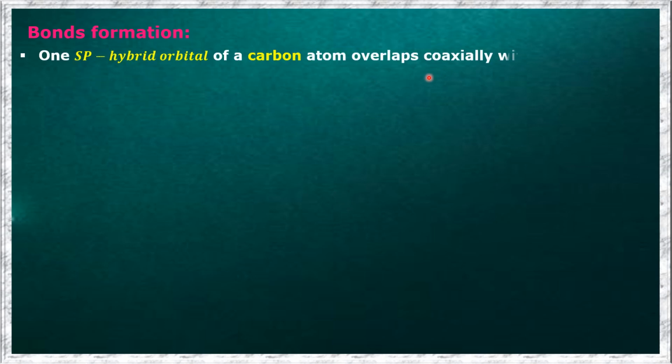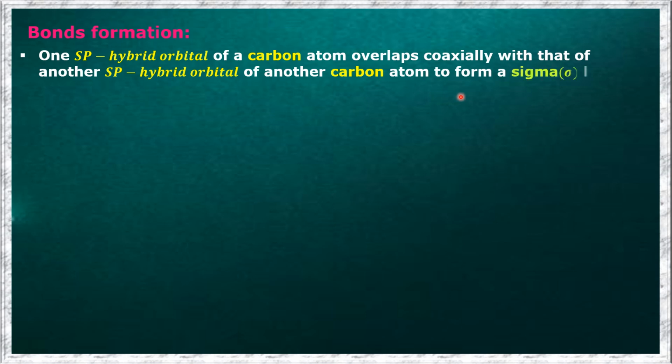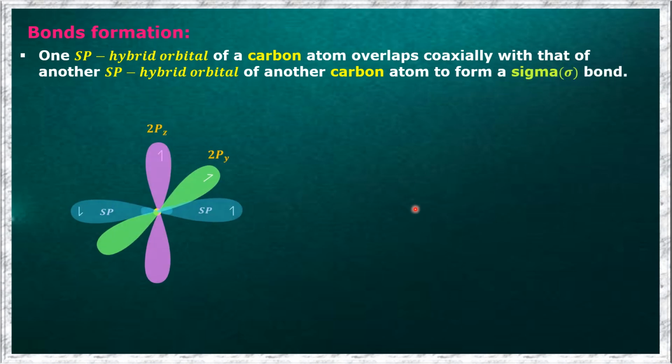Now we can see the bond formation after sp hybridization. One sp hybrid orbital of a carbon atom overlaps coaxially with an sp hybrid orbital of another carbon atom to form a sigma bond. So this is one carbon atom. After carbon atom undergoes sp hybridization, the orbitals look like this.